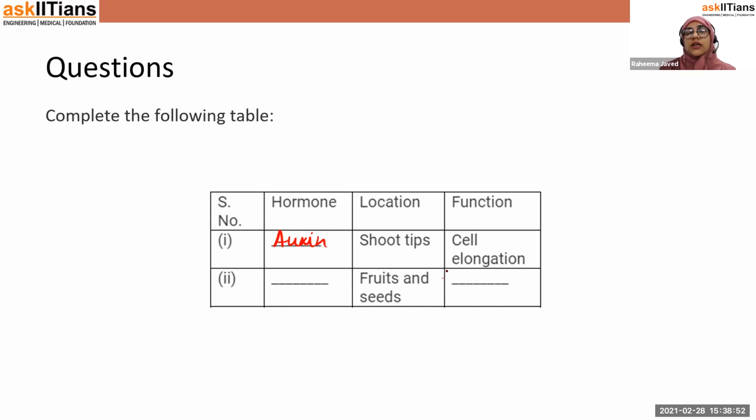This one is cell division. Because in fruits ripening can take place, but we cannot talk about ripening in the seeds. So cell division is taking place, and that can take place by cytokinin. So auxin and cytokinin are the two important hormones.